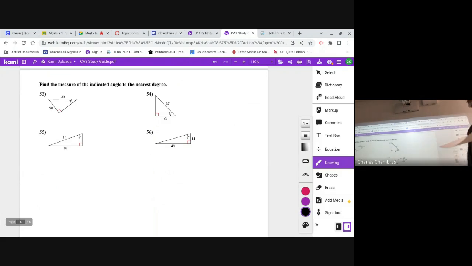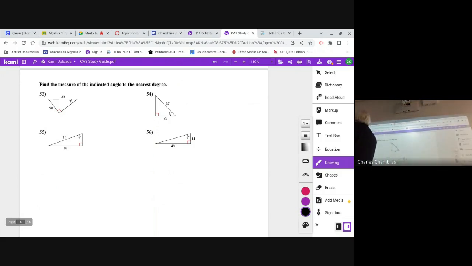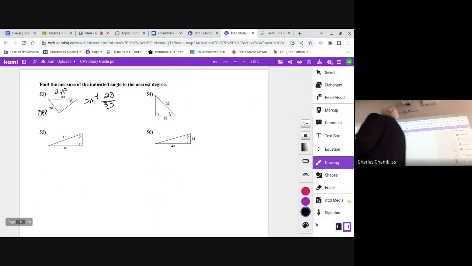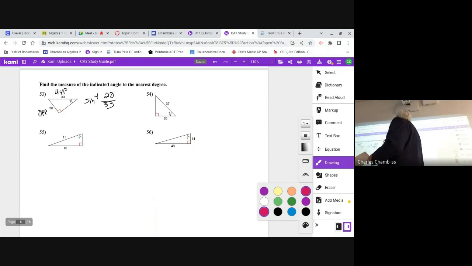Last one here, we are doing inverse trig functions. Here you've got the opposite and the hypotenuse. Opposite over hypotenuse is sine, so this is going to be inverse sine 20 over 33. Number 54, I have the adjacent and hypotenuse, so this is going to be inverse cosine 26 over 37.